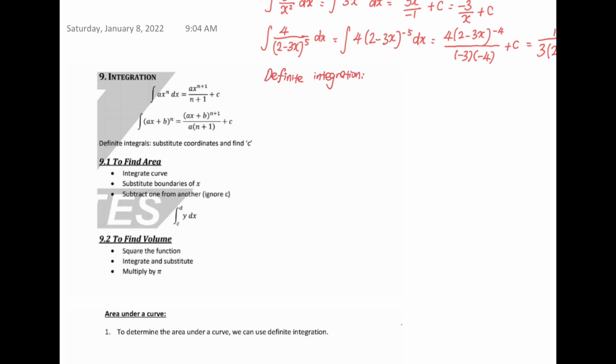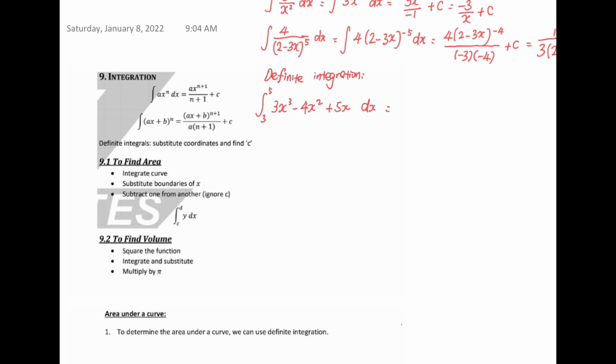Definite integrals, let's say I have the integral of 3x cubed minus 4x squared plus 5x dx from 3 to 5. Let's say I have this. So if you want to do this, what to do is you have to integrate.